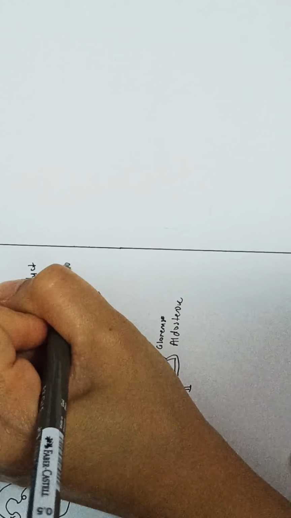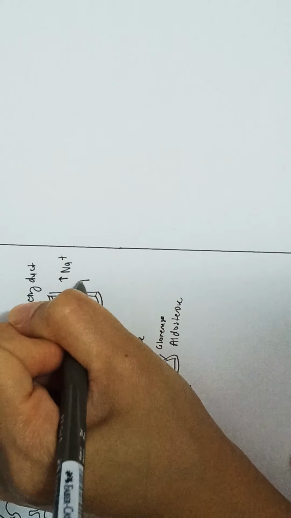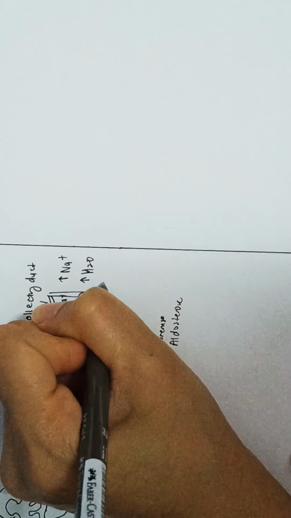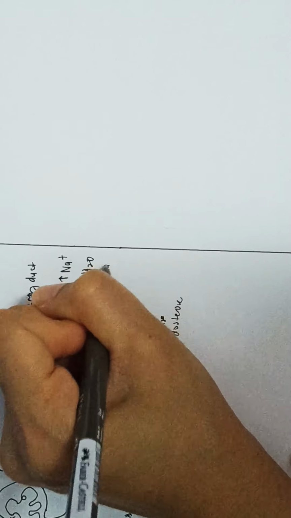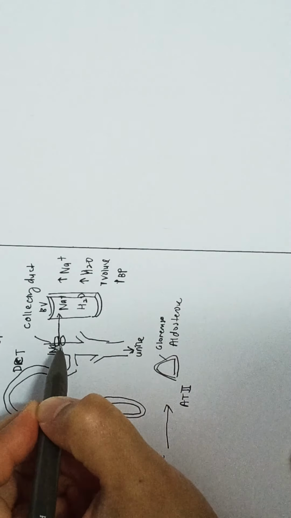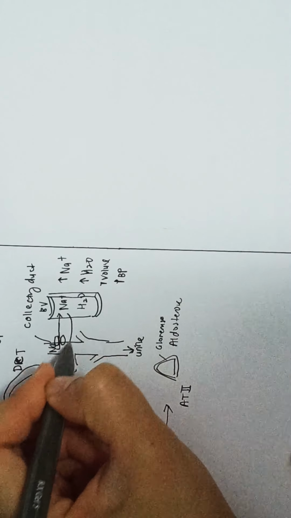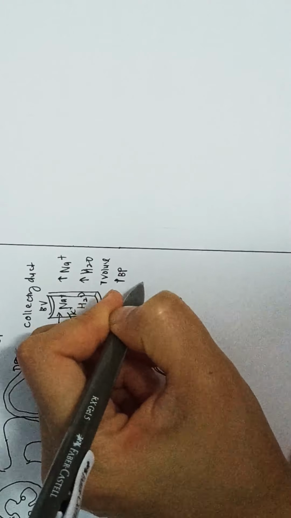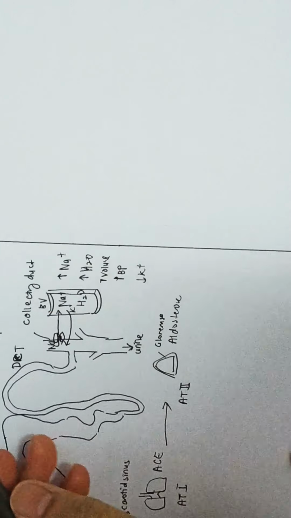So the sodium will become high, with an increase of the water, and this causes an increase in the volume, so the BP will be increased. And in order to pump in the sodium, it needs to exchange with the potassium. So the potassium will become low in hyperaldosteronism.